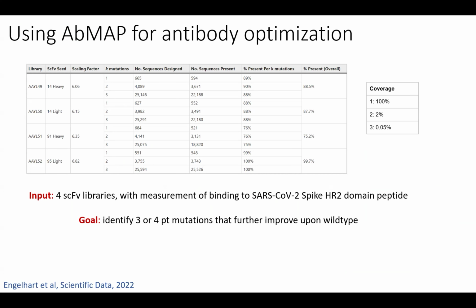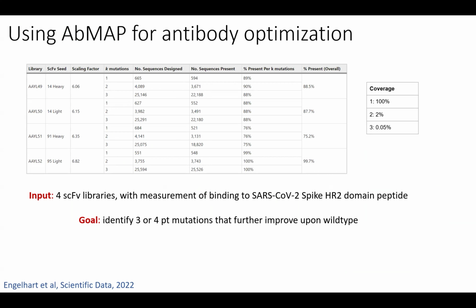And they published a library of 4 libraries, each where they essentially had the wild type, and then they explored all the 1-point mutations and some of the 2 and a very few of the 3-point mutations that would be possible. And for each of those, they had some experimentally measured binding score. And our goal was, can we use this to design 3 or 4-point mutations that would be good?